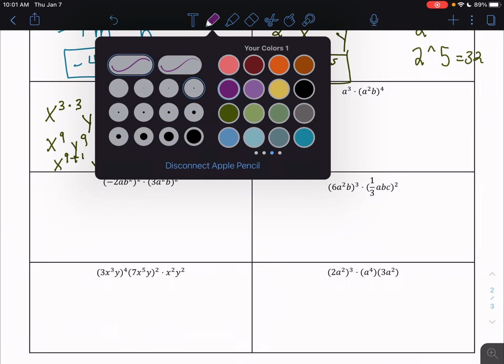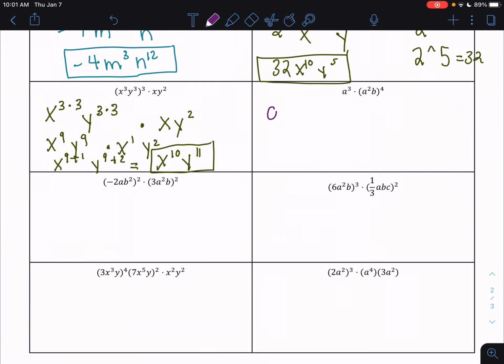All right, let's go on to our next problem here. A to the third. And we're going to multiply that by a to the second times 4 times b, remember there's that invisible 1, times 4.